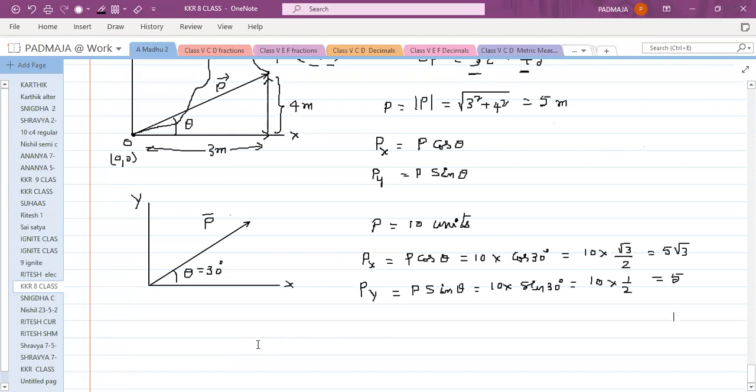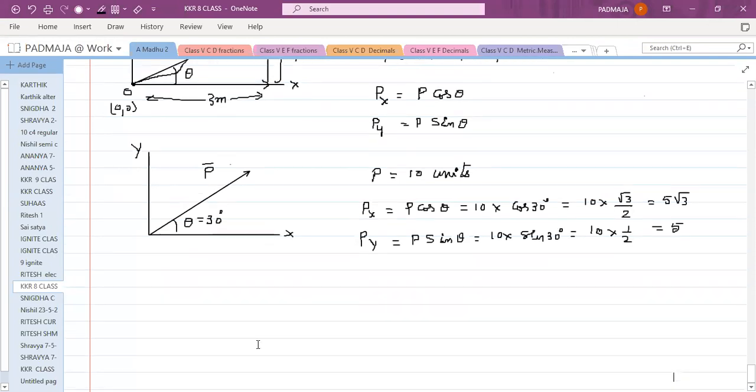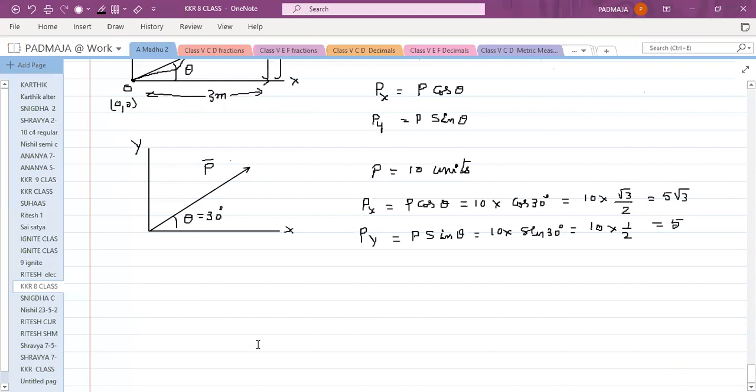So the x component of the vector is 5 root 3 and the y component of the vector is 5 units.